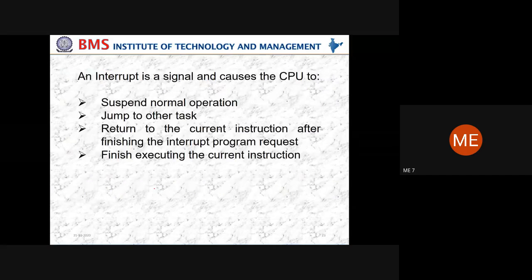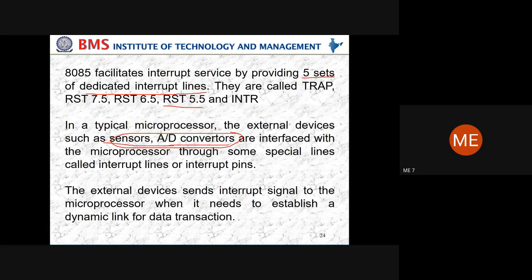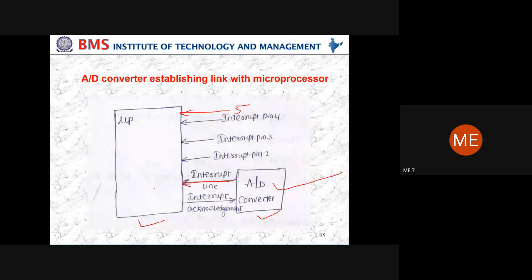The microprocessor will suspend the main operation, attend to the sub operation, that is the interrupt operation, complete the interrupt operation, then return back to the current instruction and finish executing it. There are 5 different interrupt lines, and this is how the interrupts are established and communication happens.